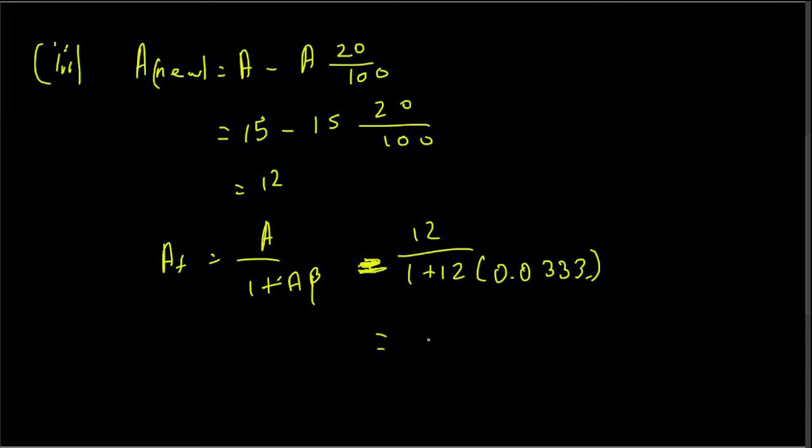We find this closed loop gain to be 8.574 voltage per voltage.